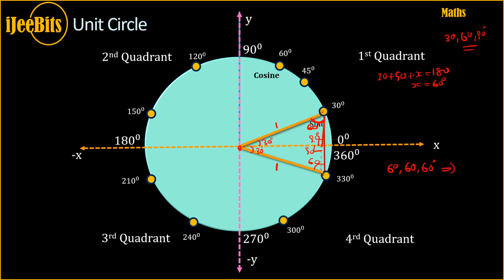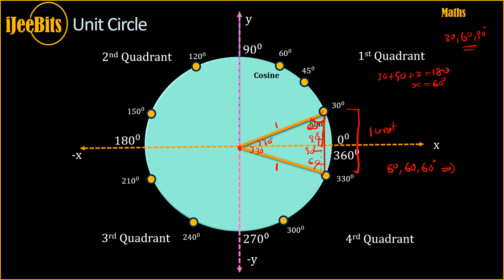What would this value be? This is also 1 unit, right? So you have to take this as a reference. Look at the line joined by the 30 degrees point and the 330 degrees point.